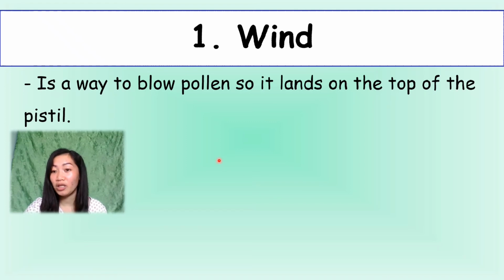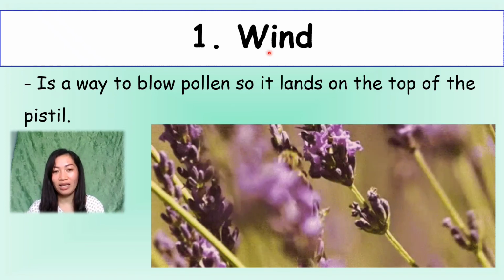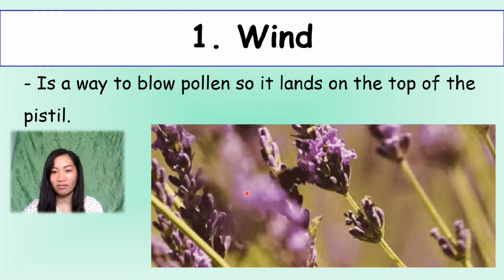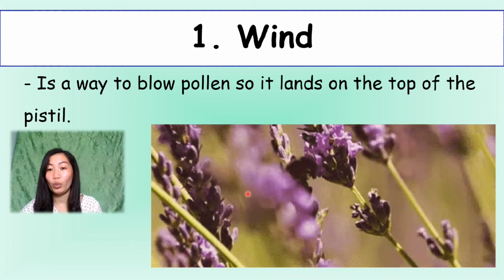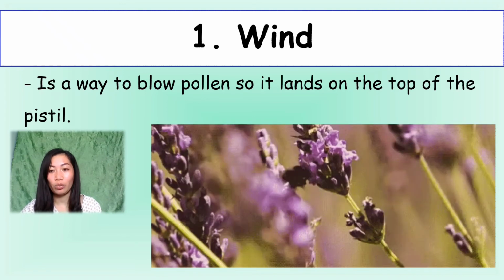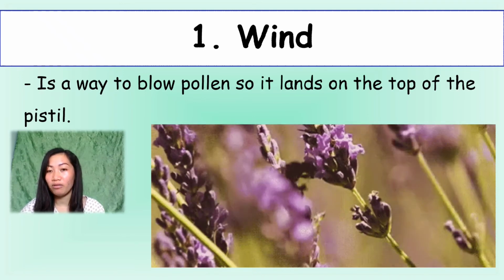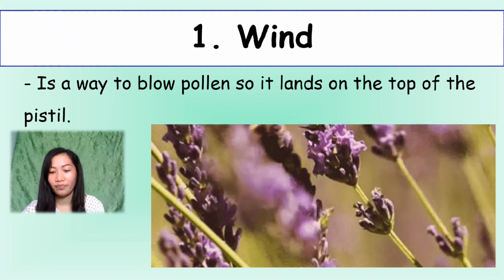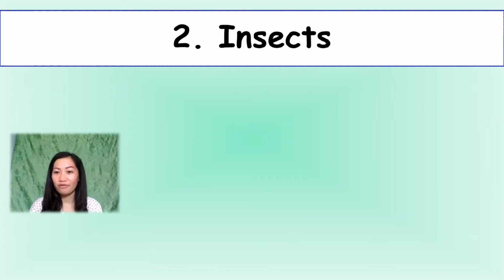So pollination happens through wind. For example, this plant, because of the wind, it will transfer the pollen grains to another flower.